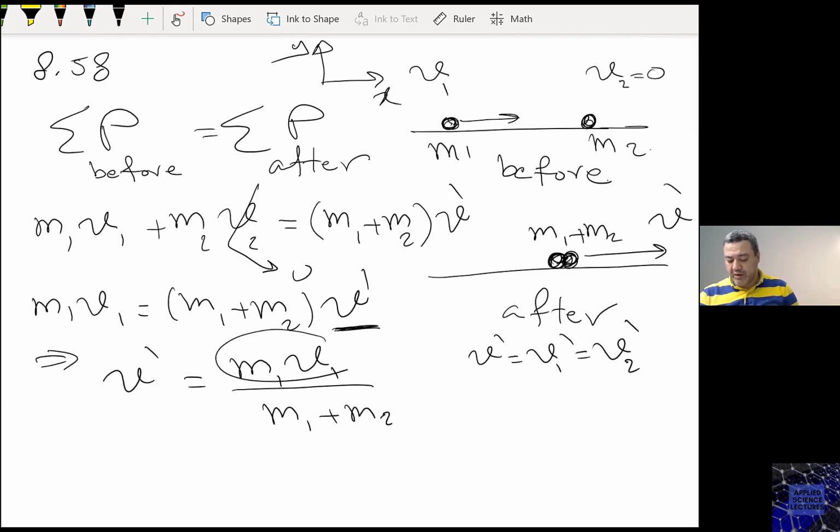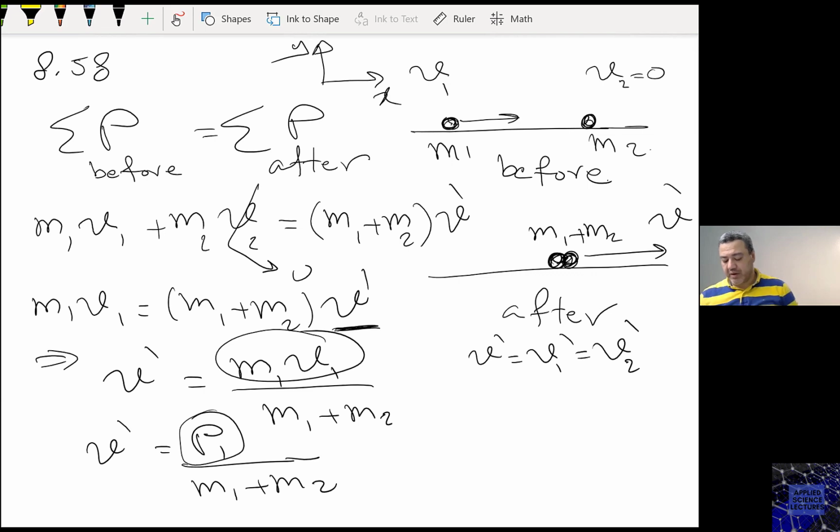Now the momentum p1 is constant, divided by m1 plus m2.